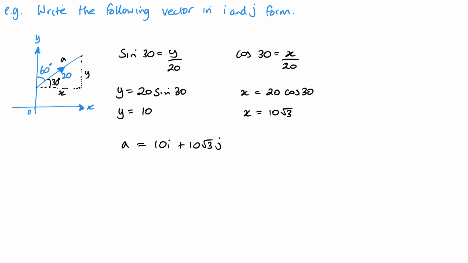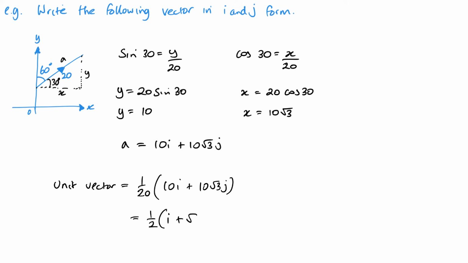Just while we're on this, if I wanted to find a unit vector of this particular vector, this direction, we know it's got length 20, so it'd be 1 over 20, 10i plus 10 root 3j, which you can see as 10 goes into 20, we could then call it 1/2 i plus root 3j, for example.